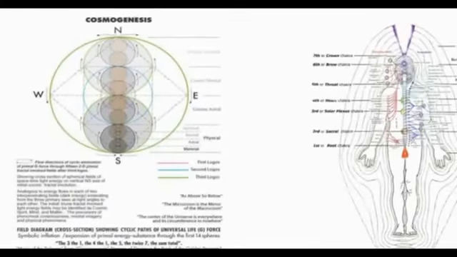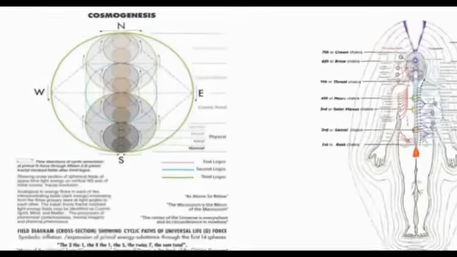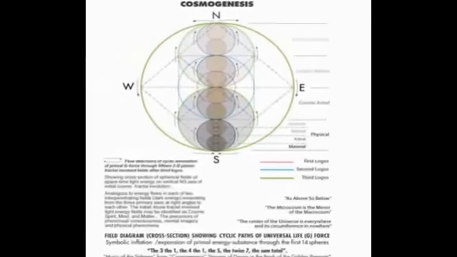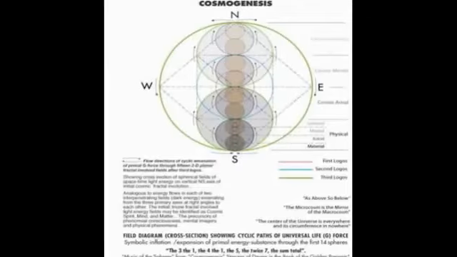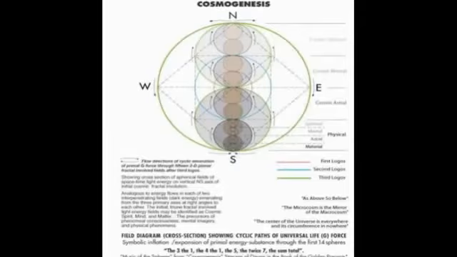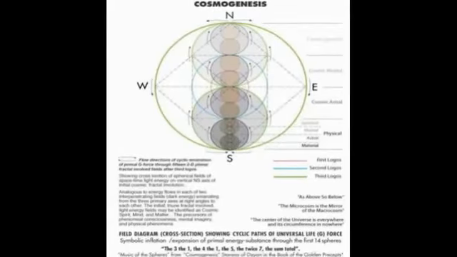The next slide, with everything that I told you, is a representation of cosmogenesis from a more geometrical point of view, of how, because of the organization of fields, we finally reach the matter state.